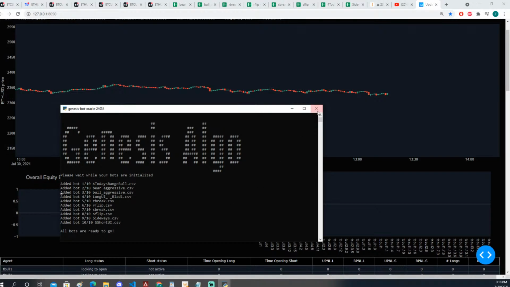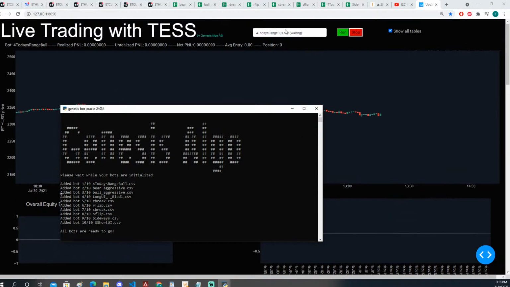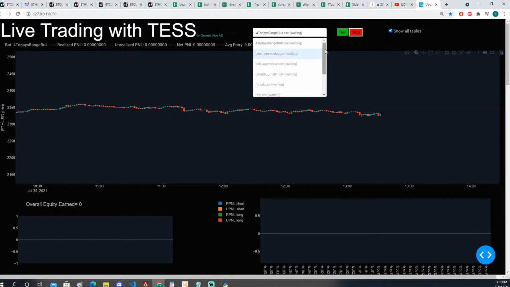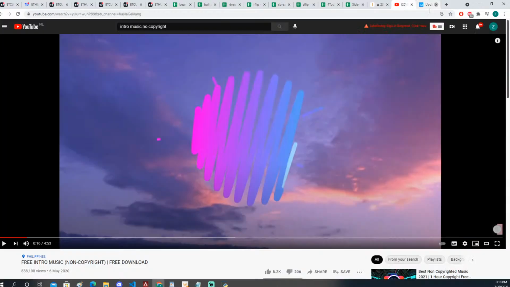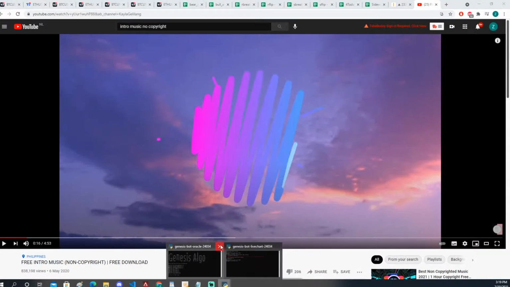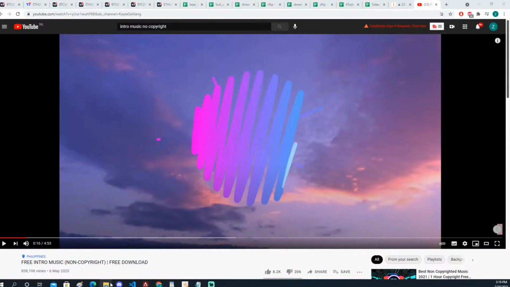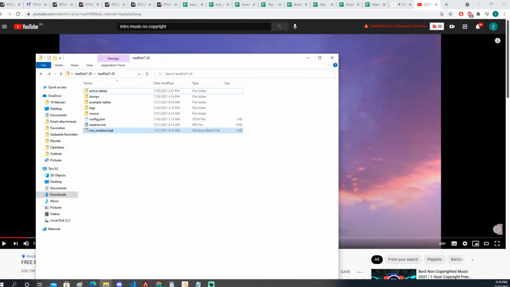Short UI should also be in there. Okay, let's try to find short UI. It's not in there. Let's reload this, guys. Sorry. Let's go into active tables. So these are the ones that I have in there. Short UI, and so on.